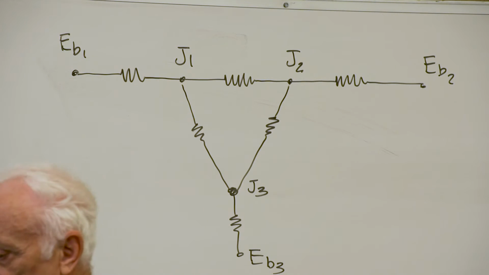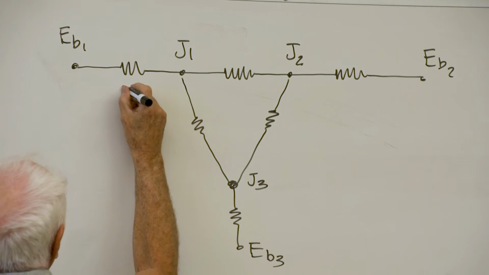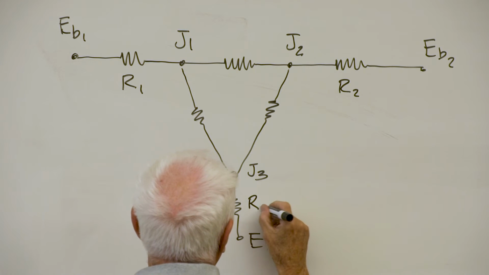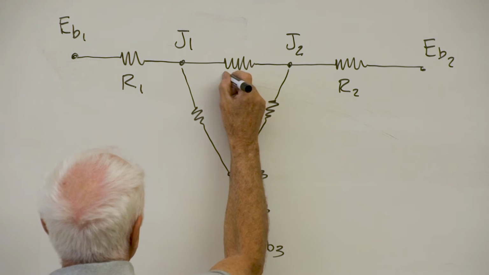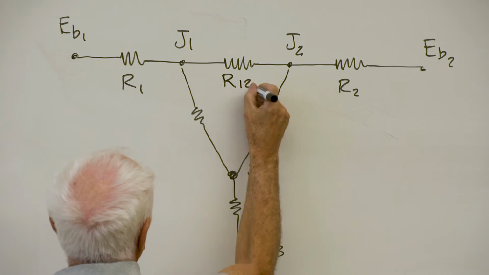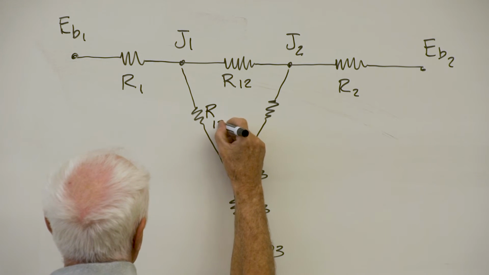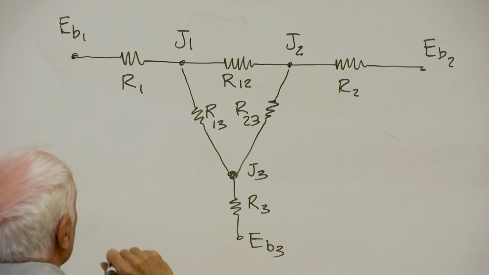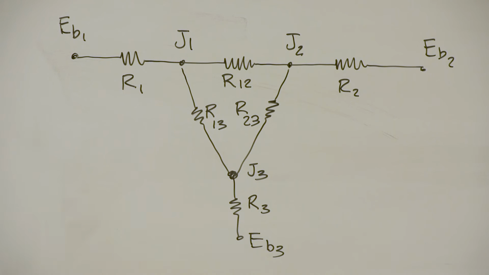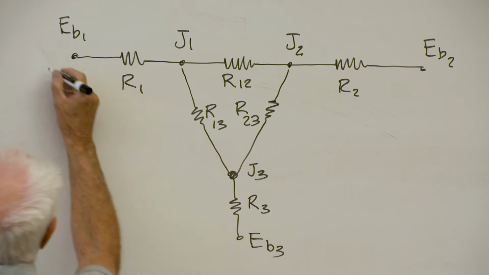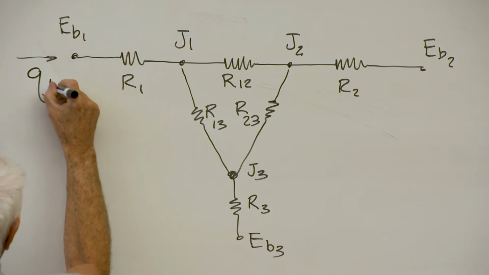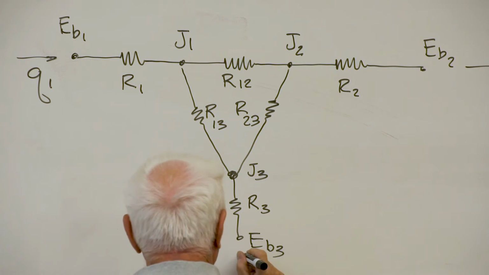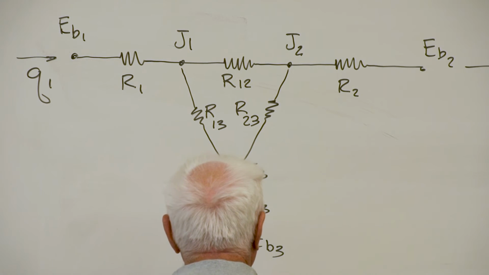Three surface enclosure. Now we're going to put the resistances down. Surface resistances, 1, 2, 3. Space resistances. I'm not going to put all the Q's in. You should do that, but I'm not going to put them all in. I'll put some in. Q1, Q2, Q3.